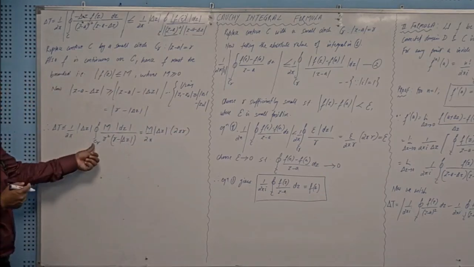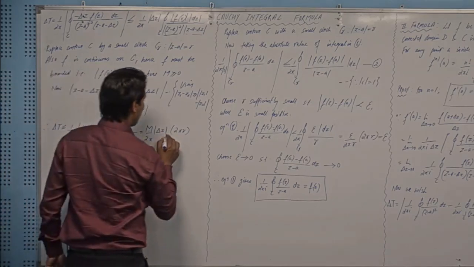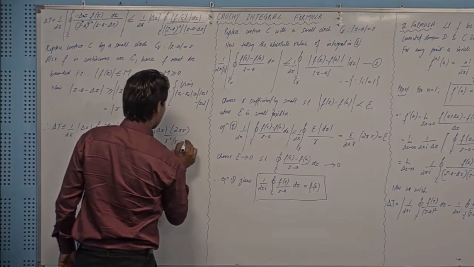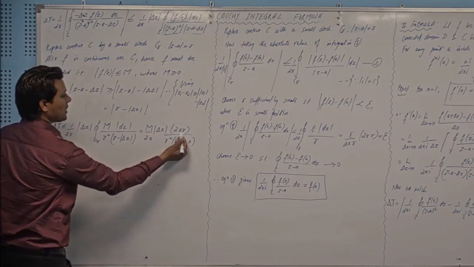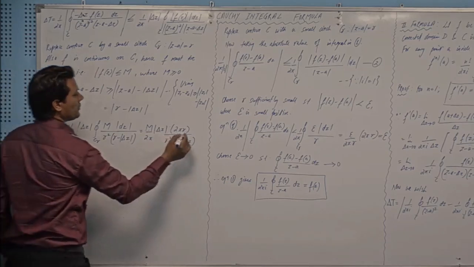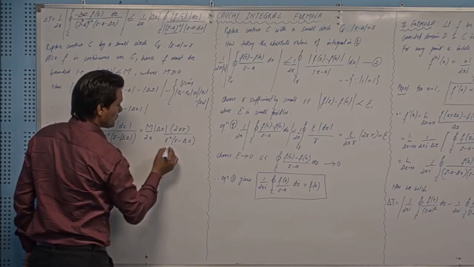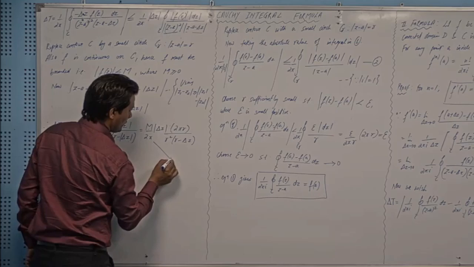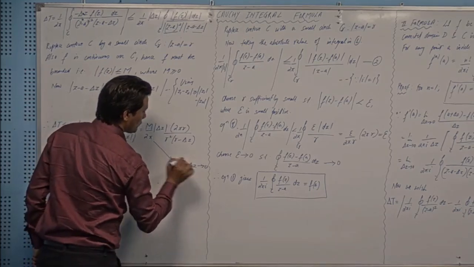In the denominator we have r squared into r minus delta z. So one r can be cancelled, but ultimately this whole term will approach 0 as delta z tends to 0.